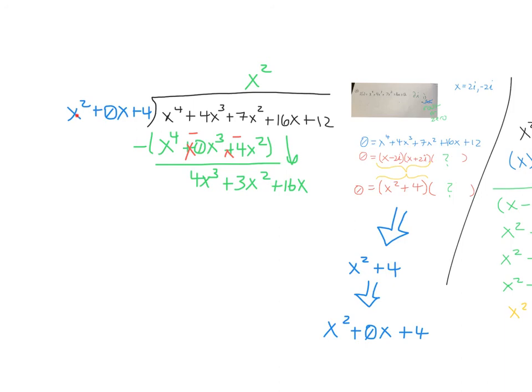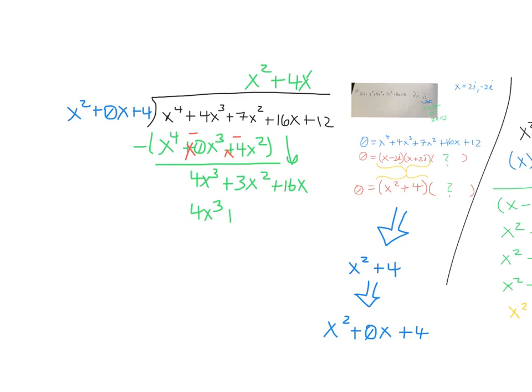So x squared times what gives me 4x cubed? That's going to be plus 4x. And then I go through the motions once again where it's x squared times 4x. Well, that gives me 4x cubed. Then I have 0x times 4x.